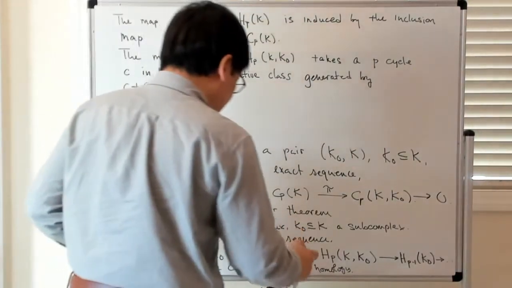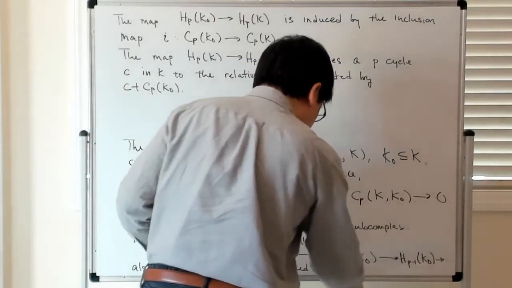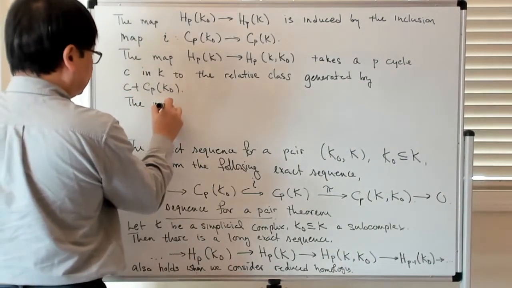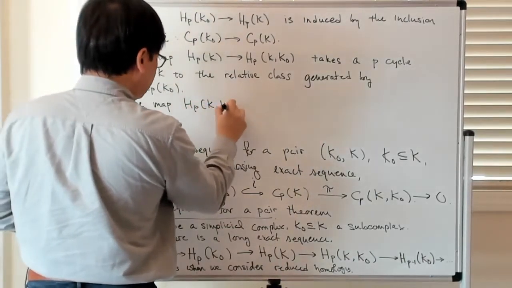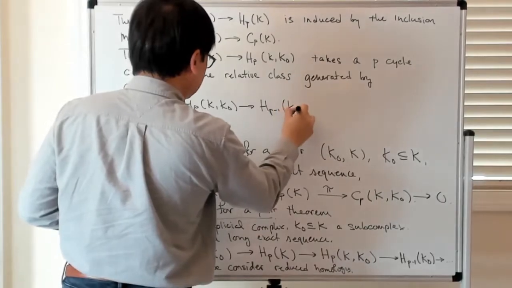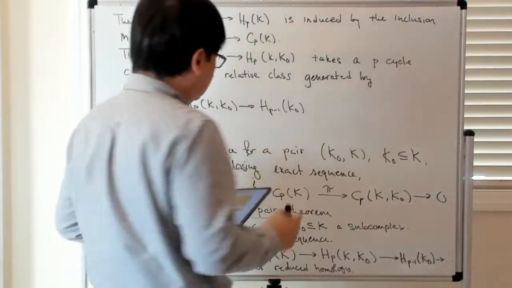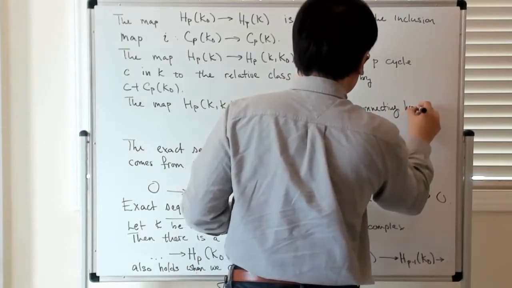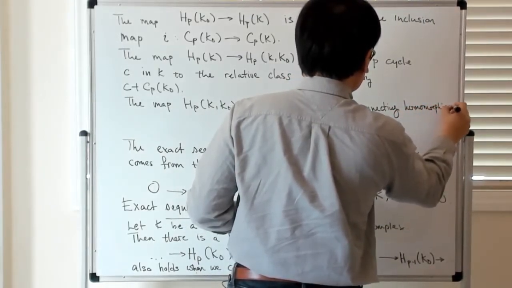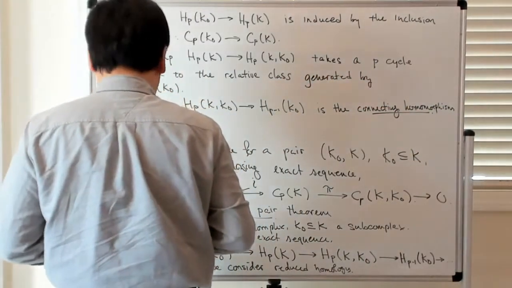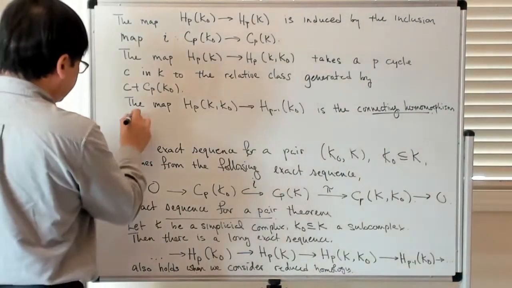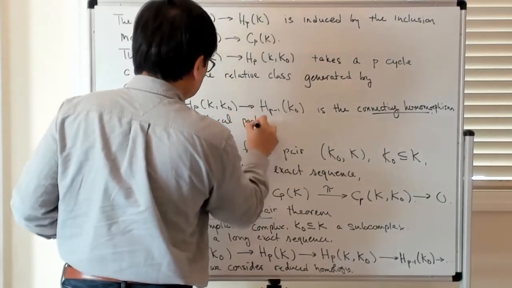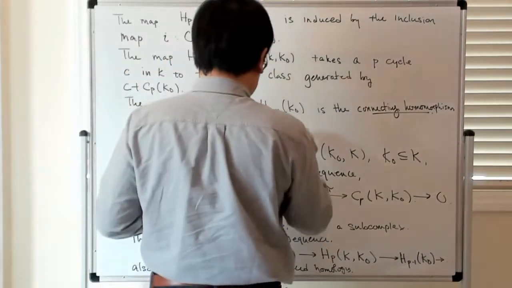The part which is non-trivial is this map from H_p(K, K0) to H_{p-1}(K0). This map is what is referred to as the connecting homomorphism, and it is the non-trivial and critical part of the construction.